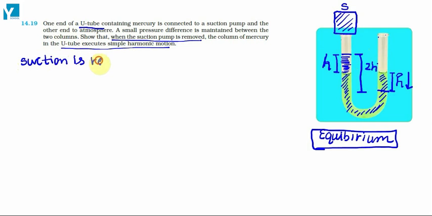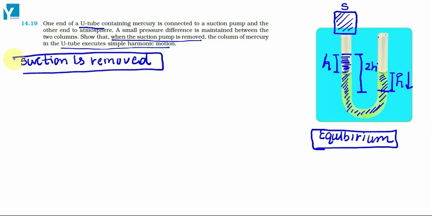Now we are asked that when the suction is removed, the motion of the liquid in this U-tube will be SHM. We have to prove this.